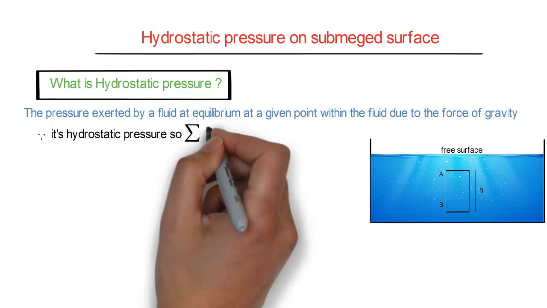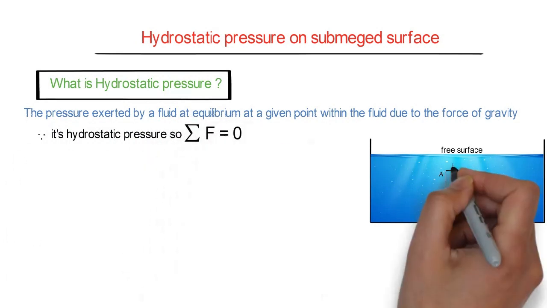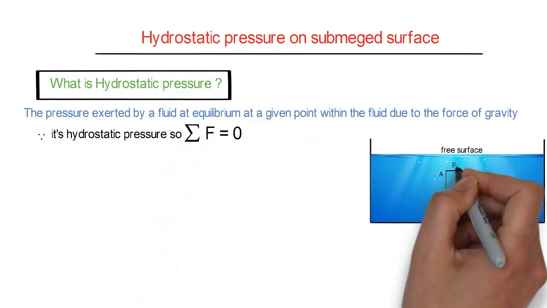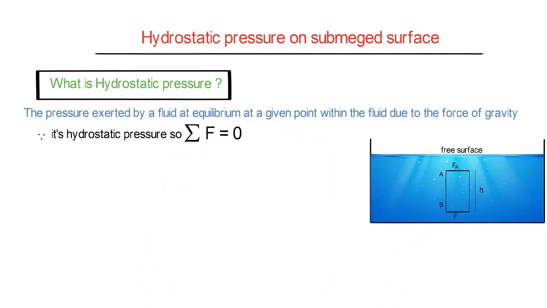The force acting on point A plus mg, which is the weight of the fluid cube, minus the force acting on point P. Let's imagine it's in the opposite direction, so we put it negative here, equals 0.